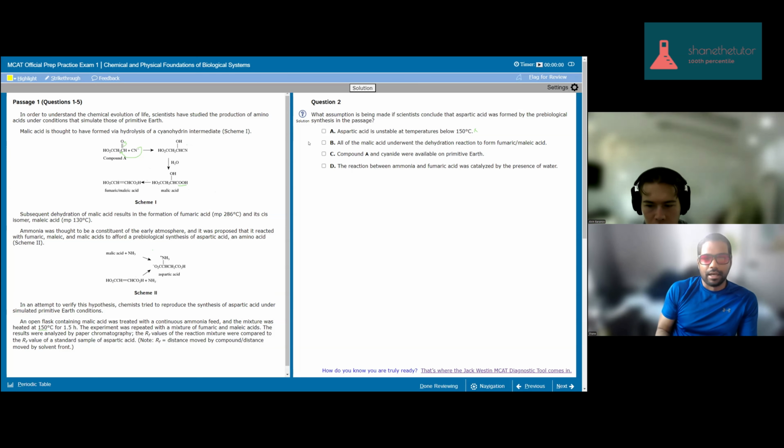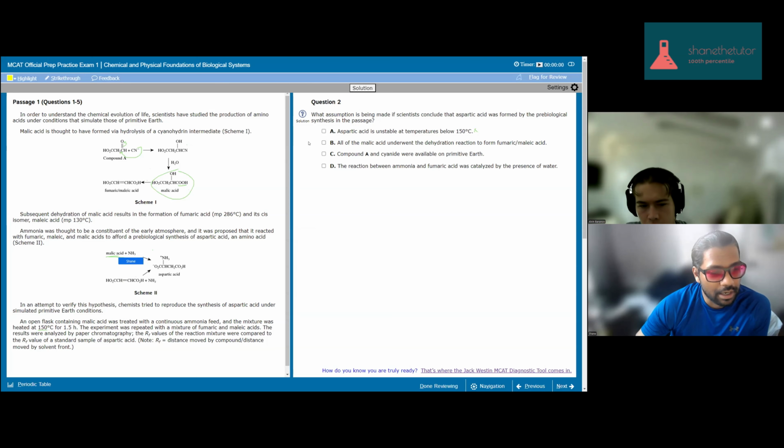It doesn't have to be all of it to form, because you could still have some of this. And I guess here it actually shows you that you could still have some malic acid to form the aspartic acid, right? So if all of the malic acid turned into fumaric and maleic acid, we should only see this part, right? There wouldn't be any of this left.